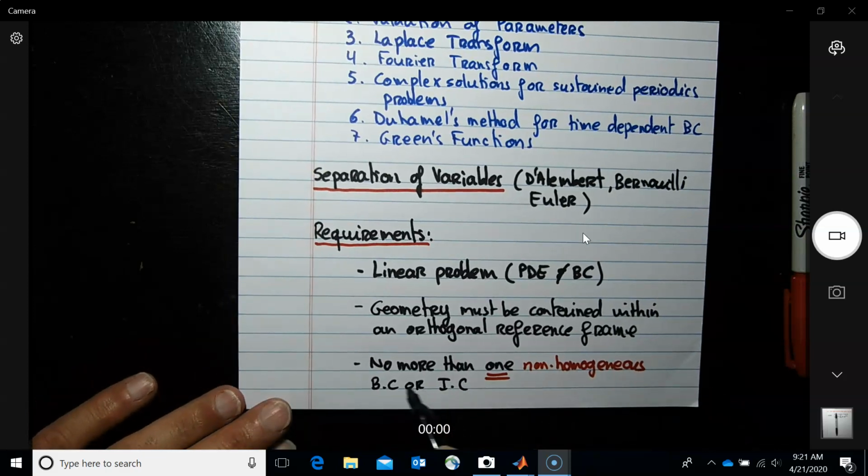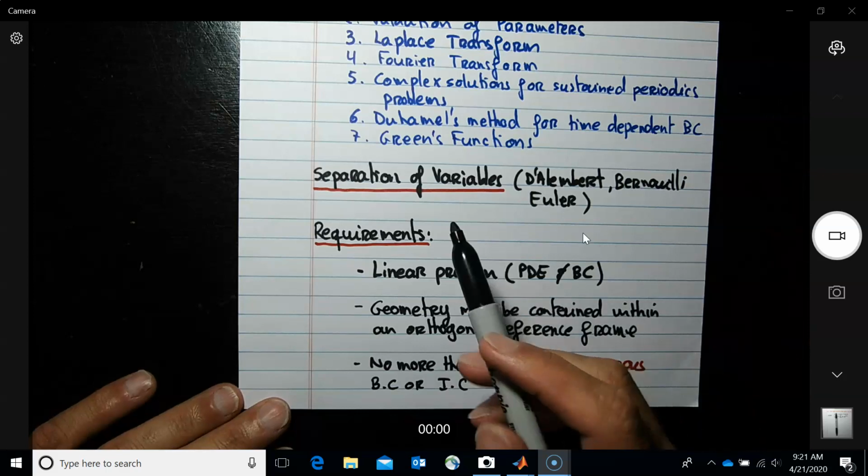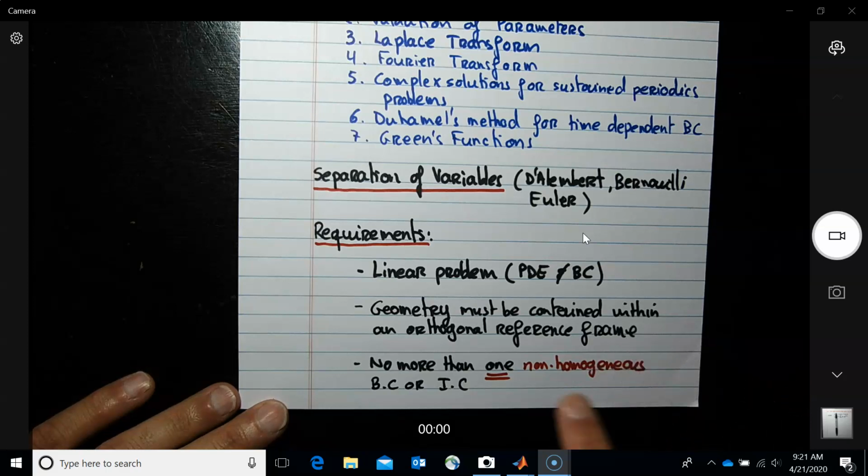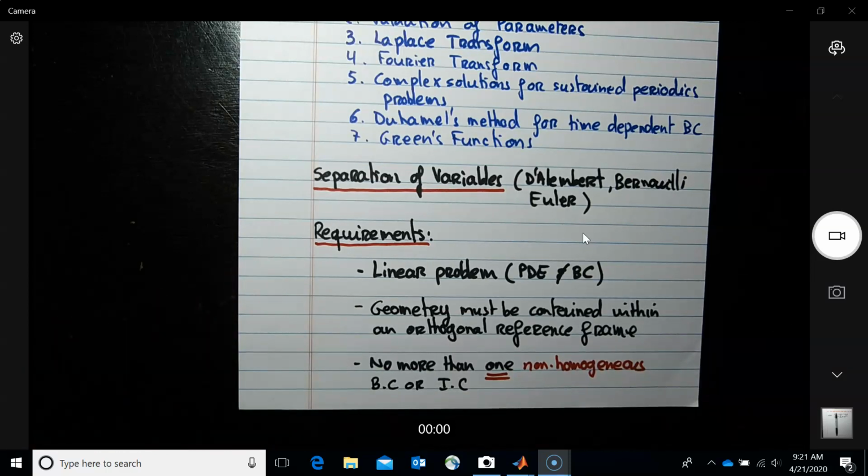But this is not really a big problem, as you will see, because at the end we use the principle of superposition. You can just break the problem into multiple problems that each have only one non-homogeneous boundary condition or initial condition. All right. So let's go and do one example.